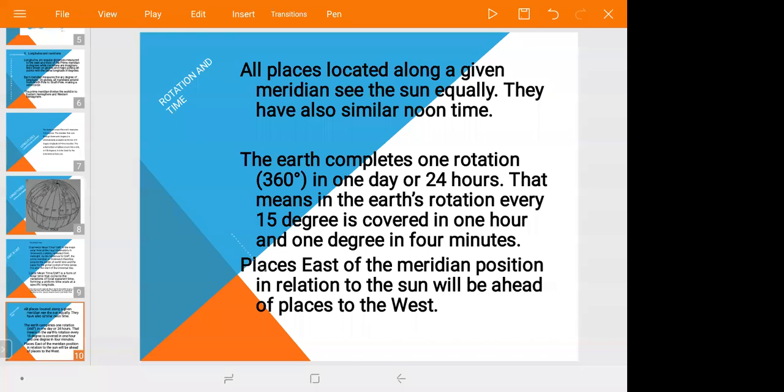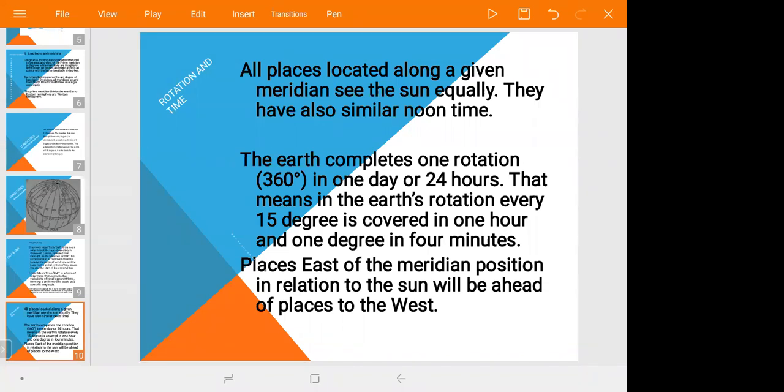Then you get how much? 15 degree. That means 15 degree of the total 360 degree of the Earth is covered in 1 hour. In 1 hour, out of 360, 15 degree is covered.